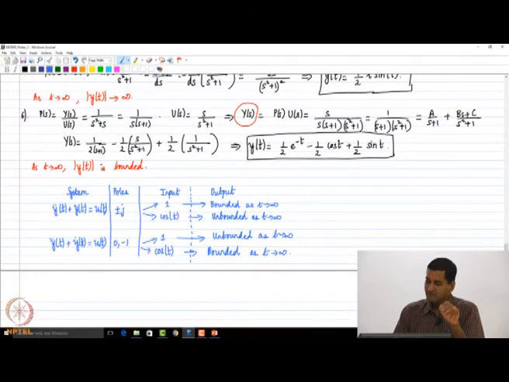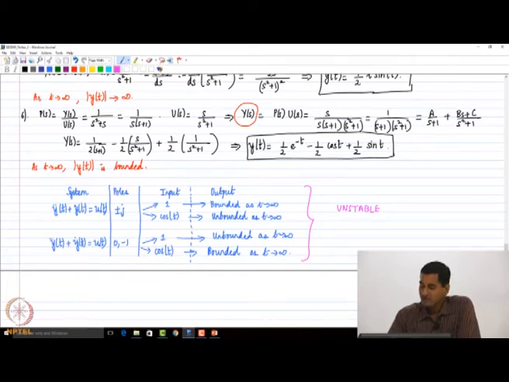Now, if we apply the definition of BIBO stability to these two examples, we should brand them as unstable, isn't it? But it so turns out that for the first system, let me call them S1 and S2, the output is unbounded only if we give a sine t or a cosine t as the input.